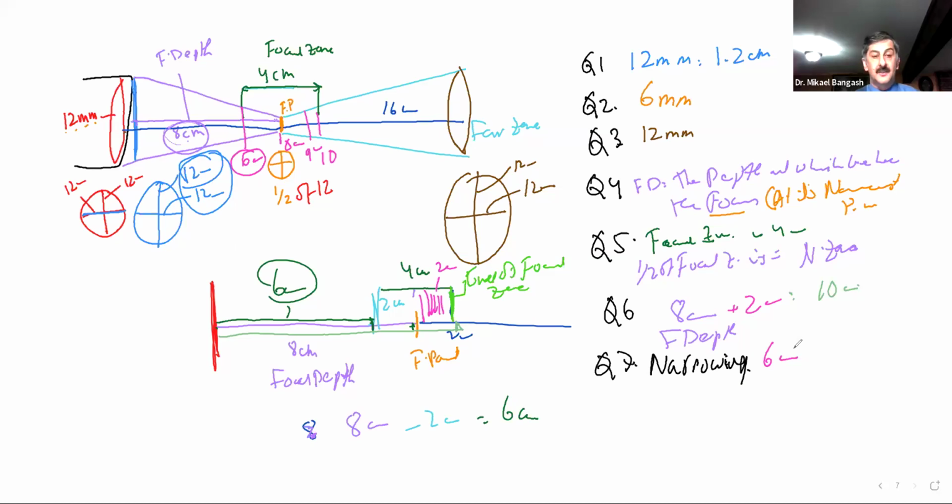What would have been your answer? B, 8 centimeters. Okay, so 8 centimeters. That's going to be the point where the beam is at its narrowest because that's the depth at which we had the focus.